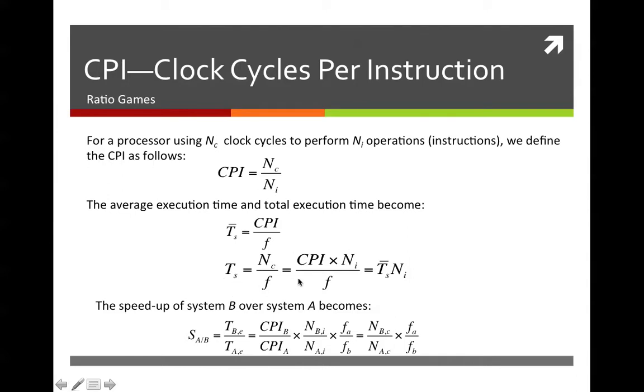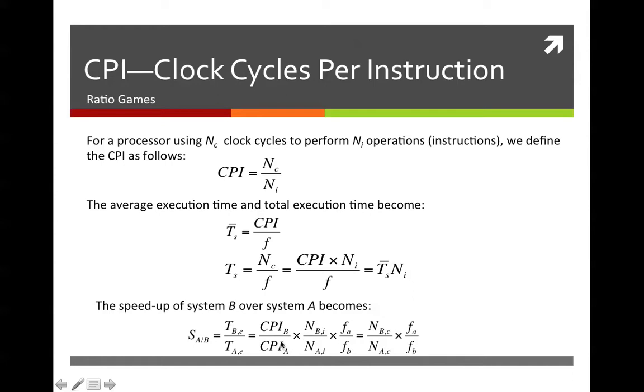That's what this is saying. And finally, the speed up can be expressed as the ratio of time, speed up of A over B will be just TB over TA. And then we can actually use this formula here to generate this equation.